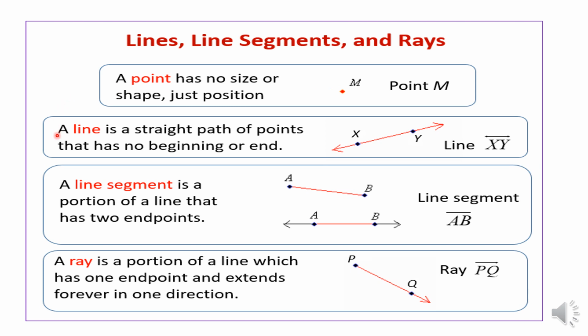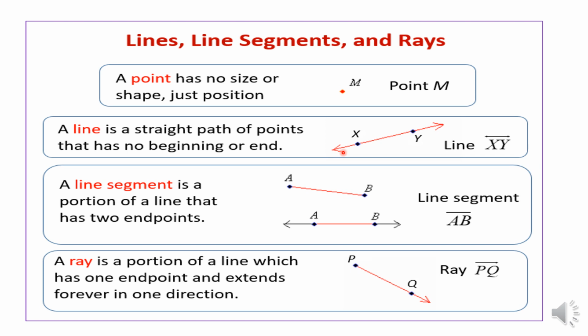Let's go now to the line. What I mean by a line is a straight path of points that has no beginning or end. Why do we say that the line has no beginning or end? Because it contains arrows at both ends. So this means that the line has no beginning or end.